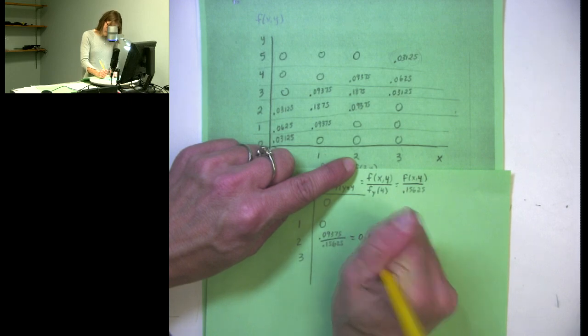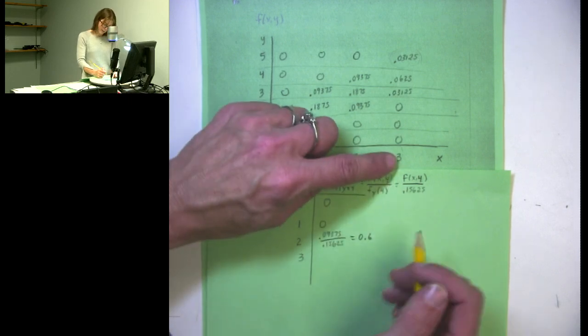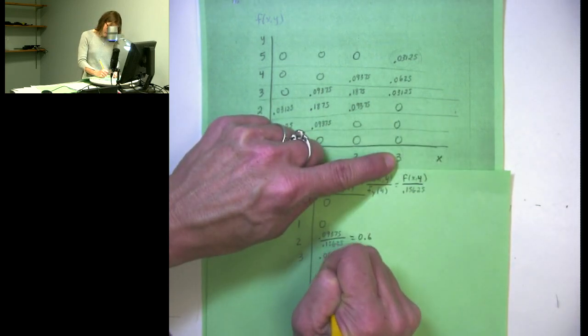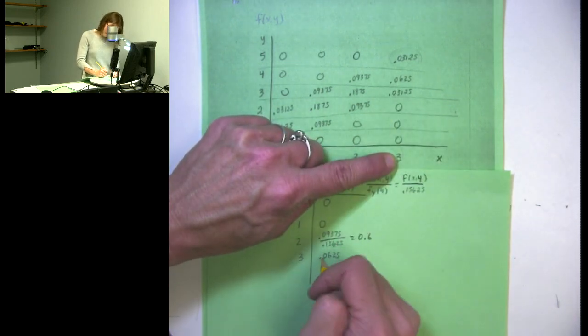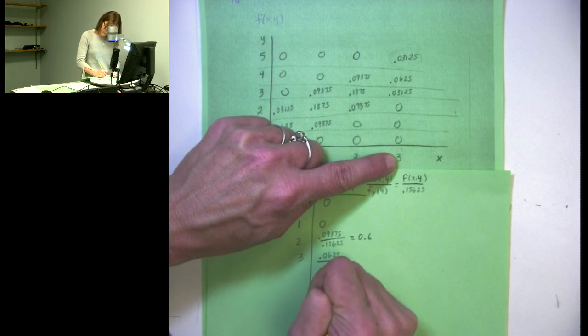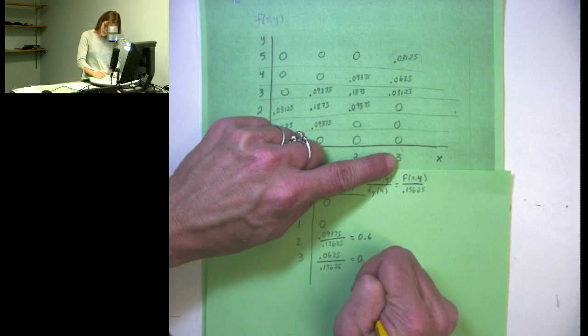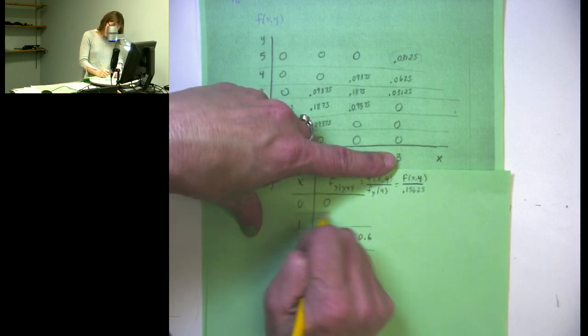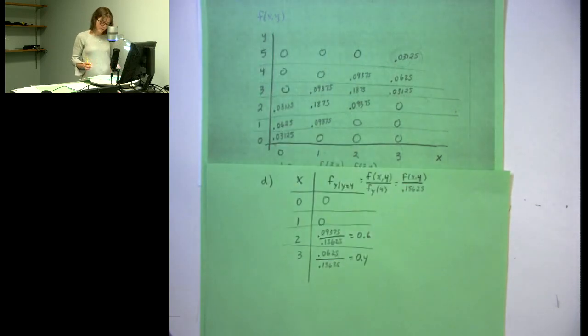That gives me 0.6. And the probability of 3, 4 is 0.0625 divided by 0.15625, which gives me 0.4. So here's my conditional distribution.